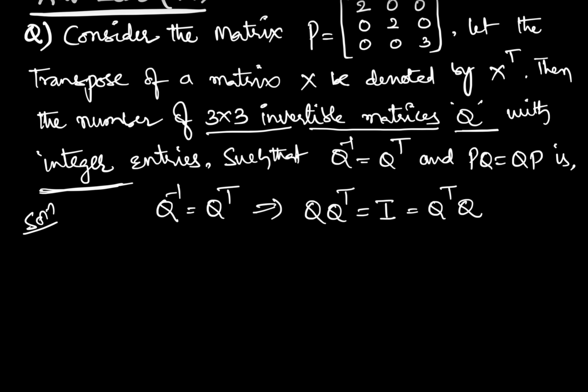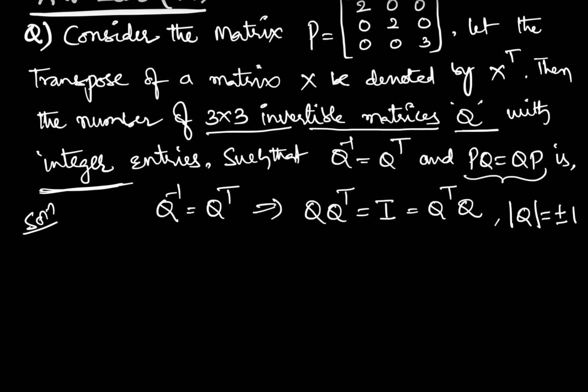In an orthogonal matrix, the determinant is always equal to either plus or minus 1, right? Now in this question they have given P and the unknown is Q. We need to find the value of Q, but they mentioned clearly that PQ equal to QP.